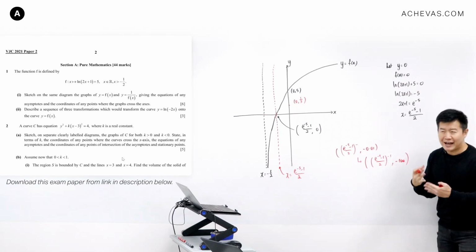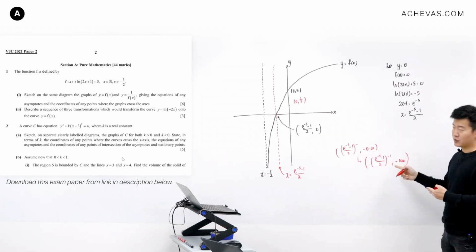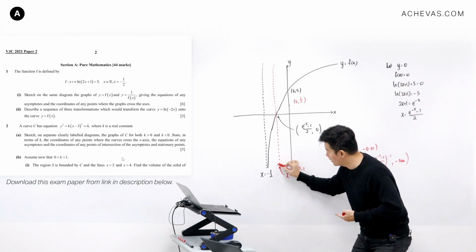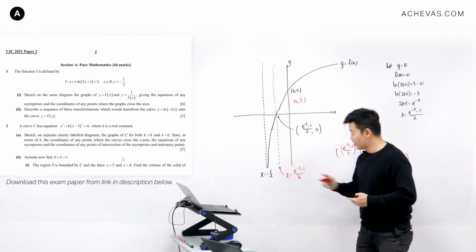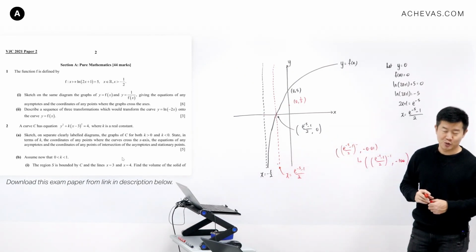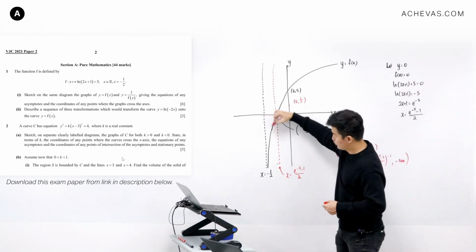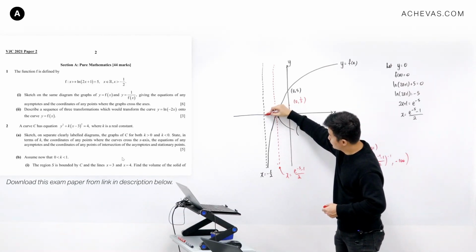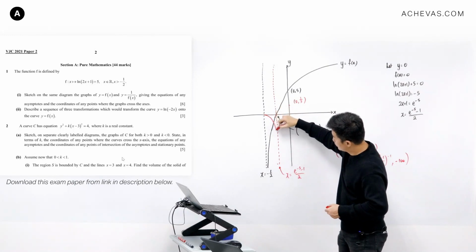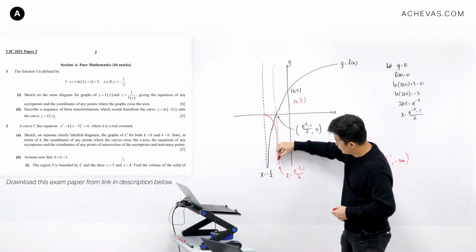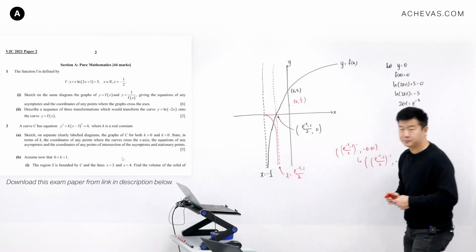So it gives me an idea of where this point is going to be transformed, and it's going to be somewhere here, slightly to the left-hand side of e to the power of (minus 5 minus 1) divided by 2, and the y coordinate is minus 100. So from here, I'm going to join to this point, and my graph is tending towards the vertical asymptote.